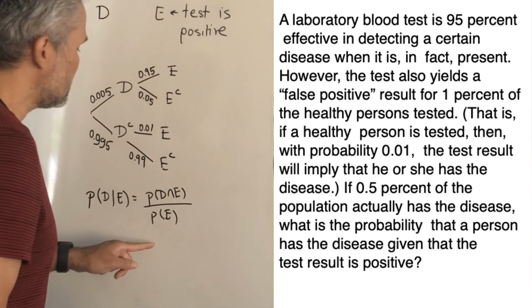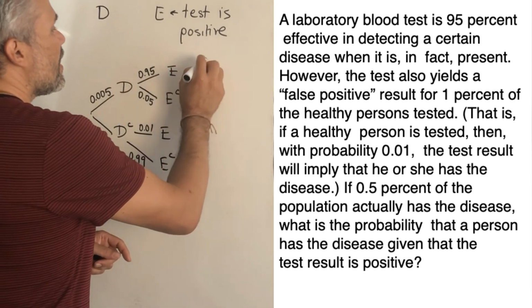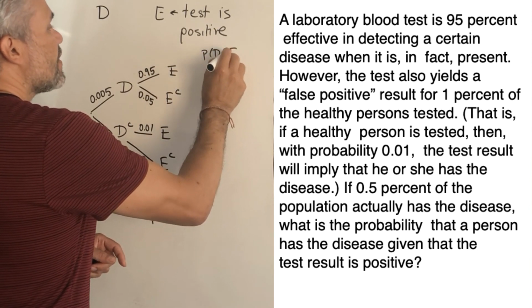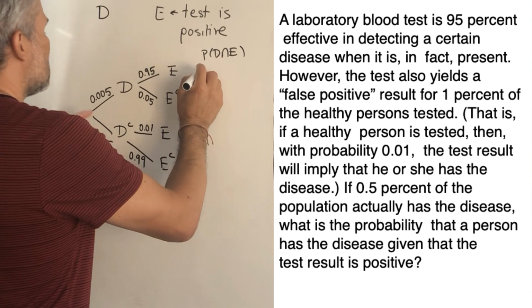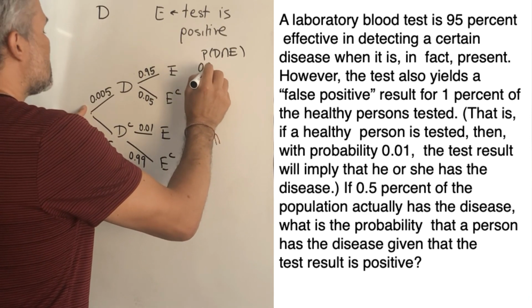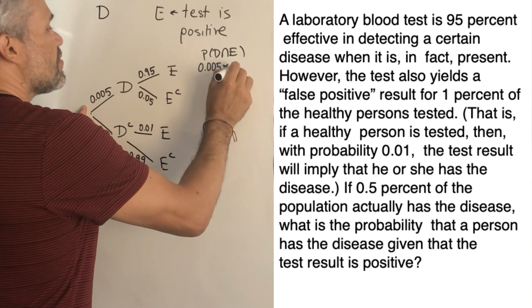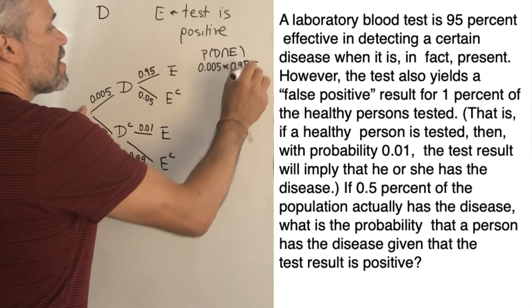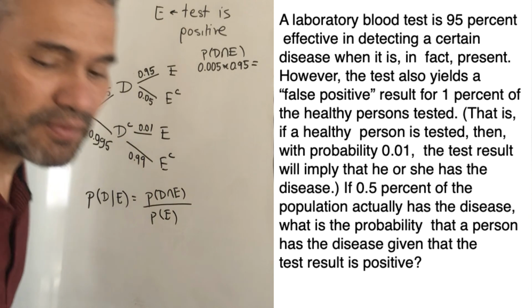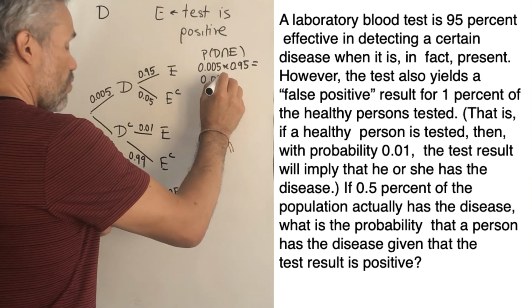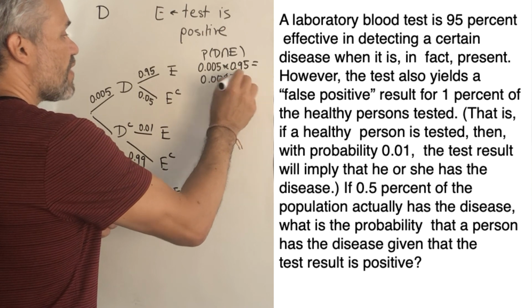Then let's see this. Here we have that the probability of D intersection with E is 0.005 times 0.95, and this is equal to 0.00475.